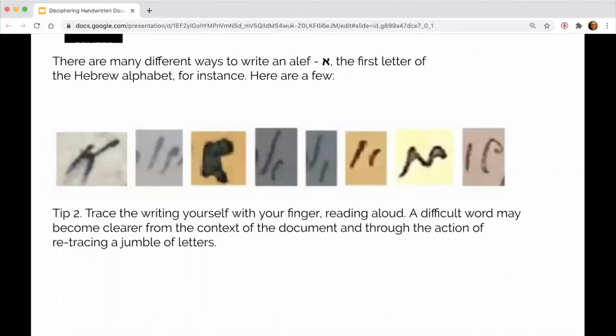Moving on, especially in old handwriting with ink before the invention of the ballpoint pen, there's a lot of smudginess, there's a lot of variation in how people write different letters at a time when schooling was inconsistent.